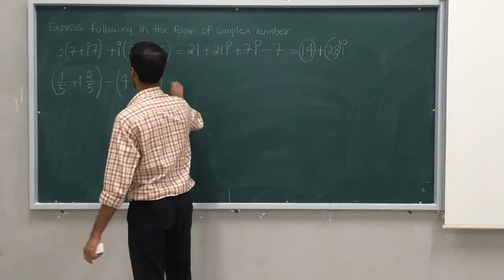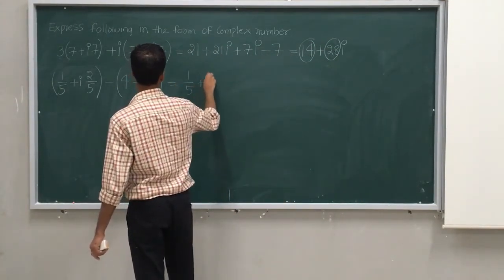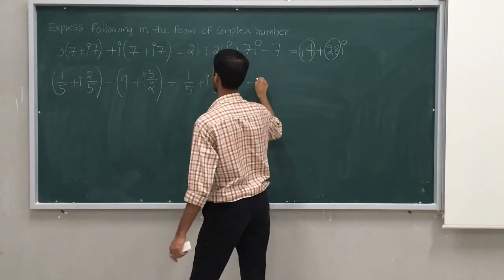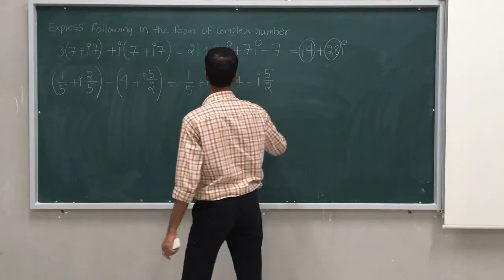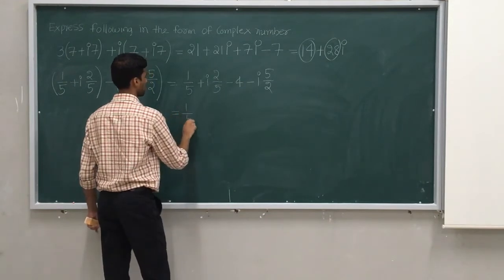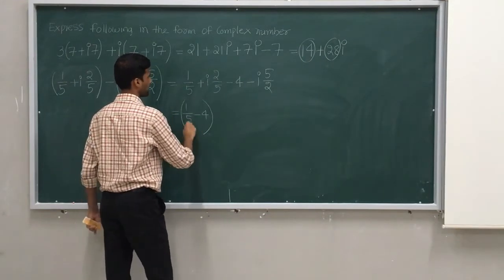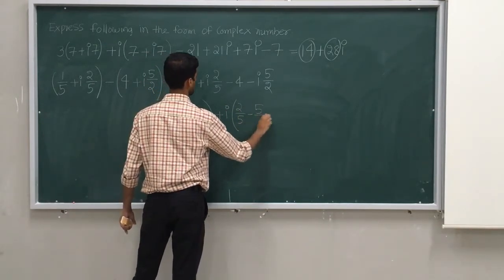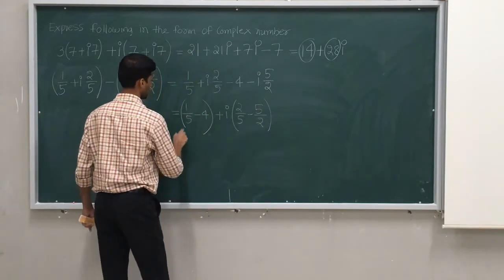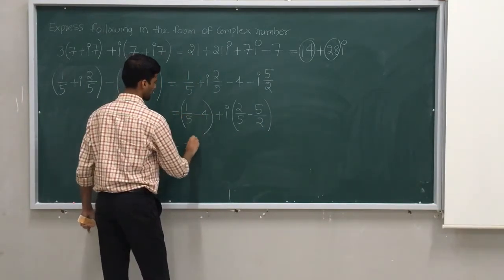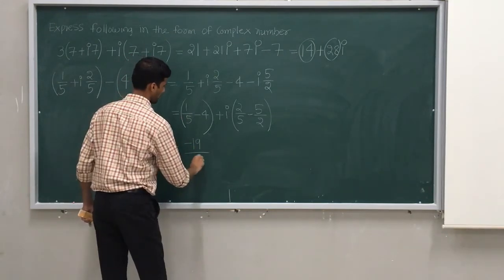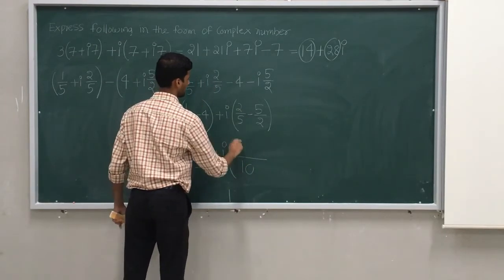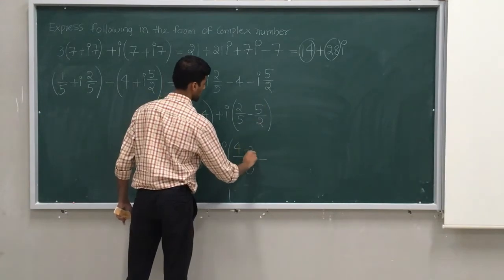So what we'll do here is I'll take 1 by 5 plus i times of 2 by 5 minus 4, minus into plus minus, i times of 5 by 2. It is nothing but 1 by 5 minus 4 as the real part, and i is common, it is 2 by 5 minus 5 by 2. So 5 fours are 20, 1 minus 20 is minus 19, divided by 5, plus i, here the LCM is 10, so 5 2s are 4, 2 5s are 25.